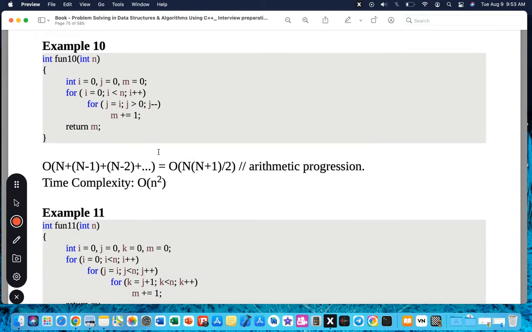Another example where there is arithmetic aggregation, the time complexity is n squared, just like that. I and j counters, i from 0 to n, j from i down to 0. From i to 0 it goes down.